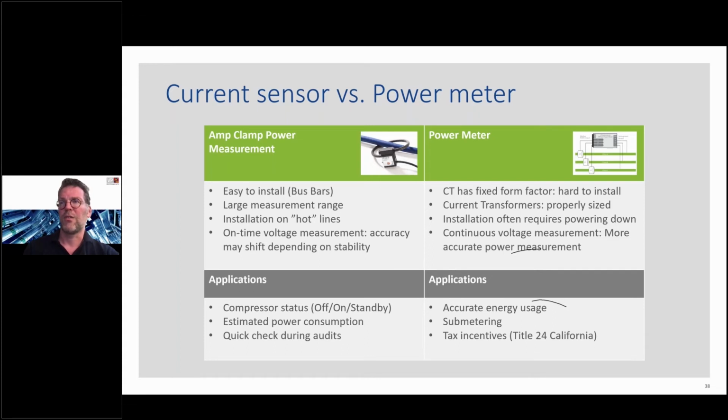Of course, the advantage is the continuous voltage measurement, so you have a more accurate power measurement. What you will see is that they are sometimes required if you are participating in a tax incentive or a rebate program. They're typically also used for sub-metering, basically because they're more accurate, and in many cases they also come with a certificate that they are approved for billing, for example.